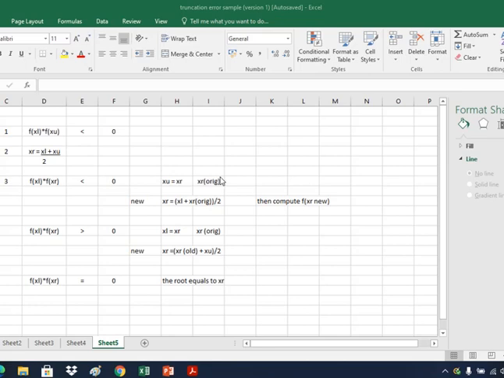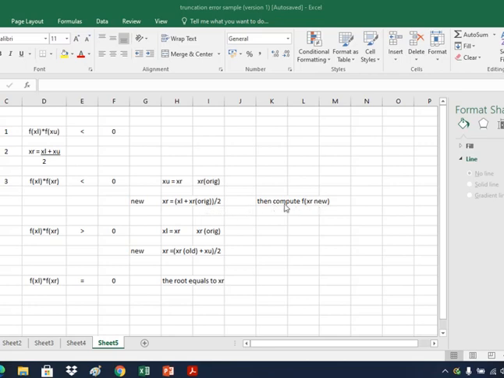Then compute the new xr. That would be the lower bound xl plus the earlier xr, divided by 2. After which, compute the new f of xr. This is the new xr, so get the value of f of xr new. Okay?